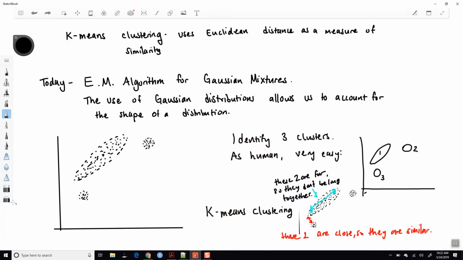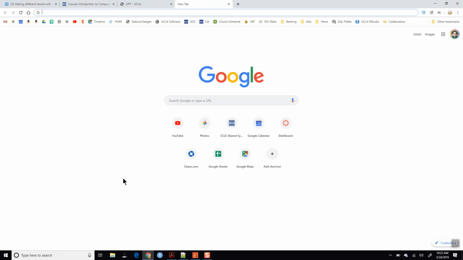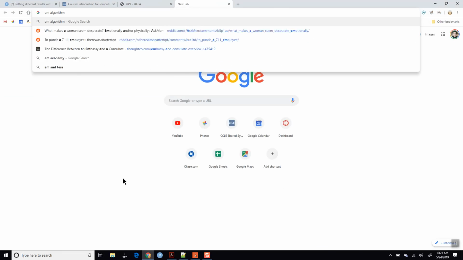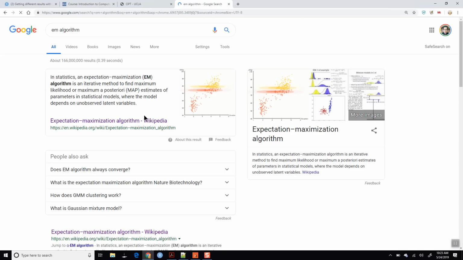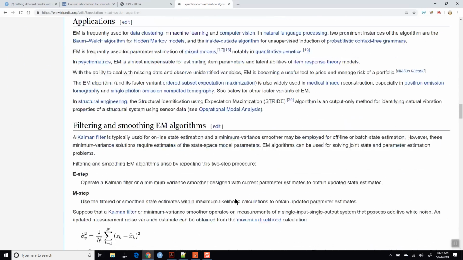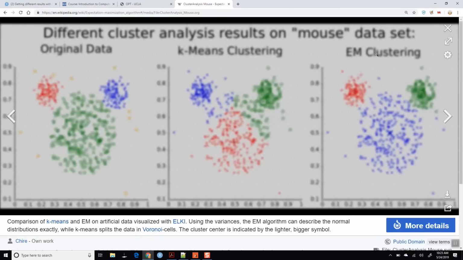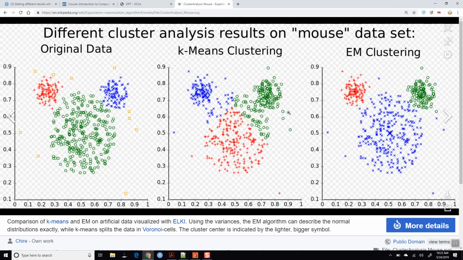Wikipedia's got a picture of this kind of phenomenon as well. EM algorithm. And they have cool animations here as well. Okay, and so here we've got three blobs as well.